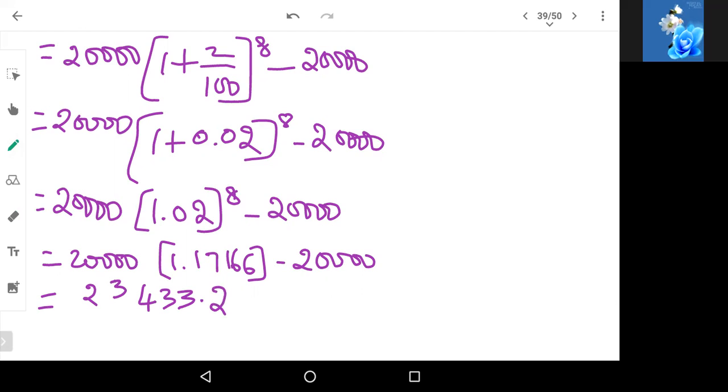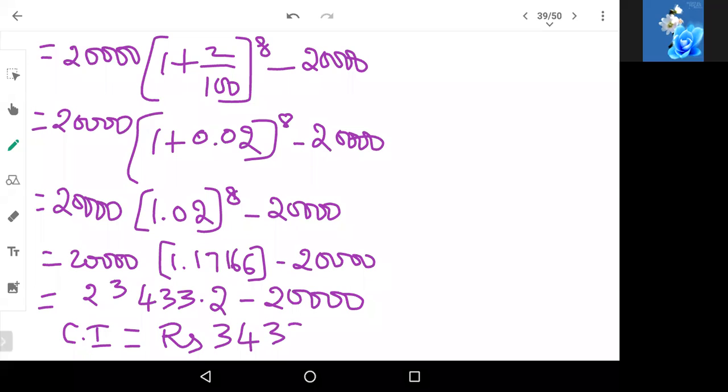That will be the value minus principal 20,000. So your compound interest will be 3,433.2. So this is the compound interest you will get when you are paying the interest half yearly.